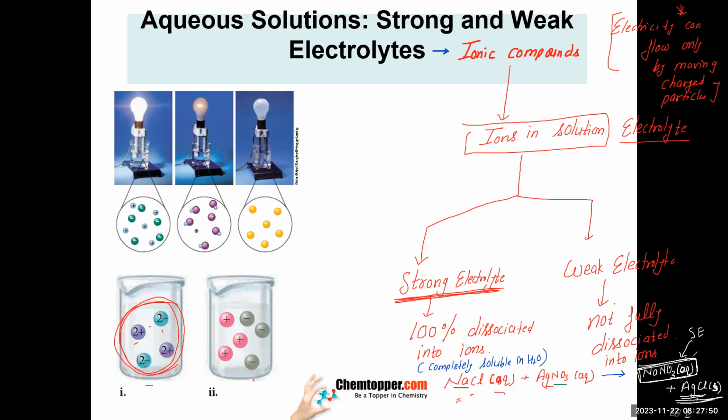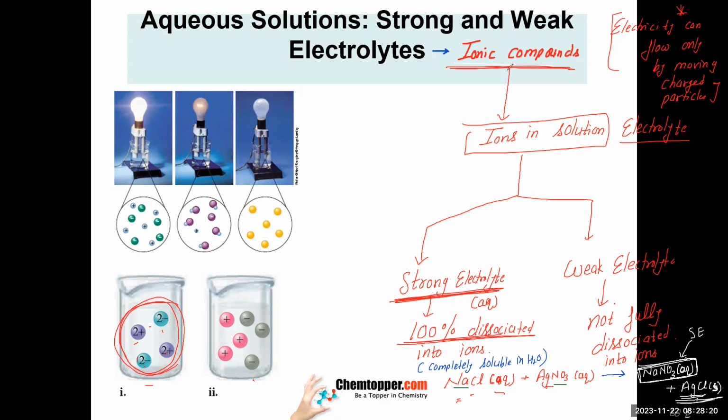That's why I'm writing ionic every time. So ionic compounds, if they are completely soluble and AQ is written next to them, take them as 100% dissociated and call them strong electrolytes.